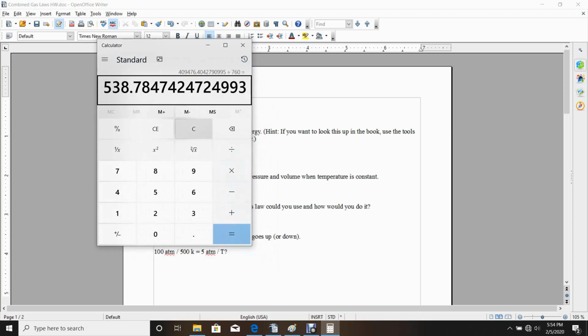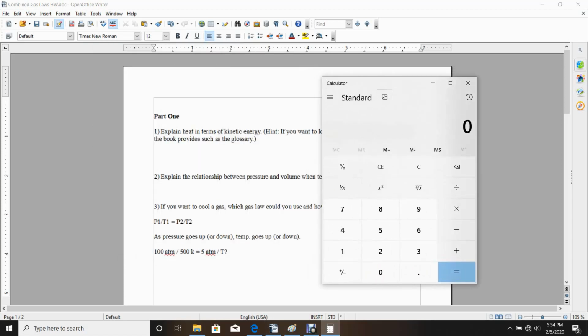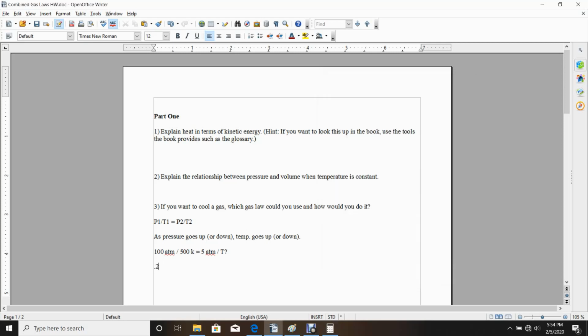Well, I'll do some algebra for you guys. 100 over 500 is 0.2. So 0.2 equals 5 over T2. I'm going to call it T question mark because we're trying to find out what it is.